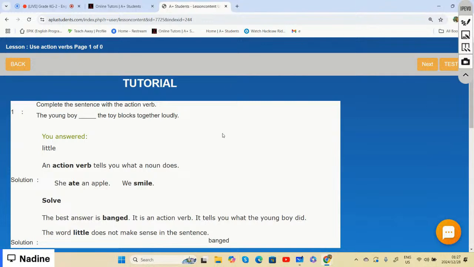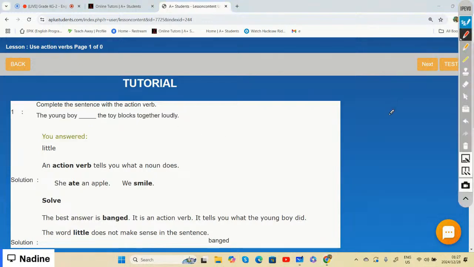All right. So now let's look at this sentence over here. I'm going to write two words in a bracket, and then you're going to identify the action verb within the bracket, right? Do we say the young boy banged the toy blocks together loudly?